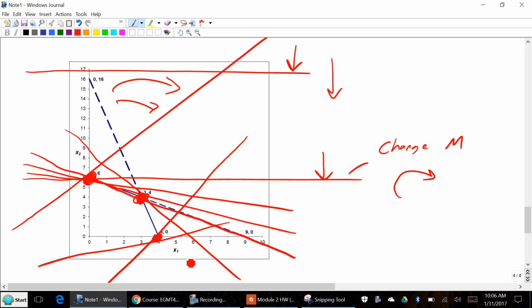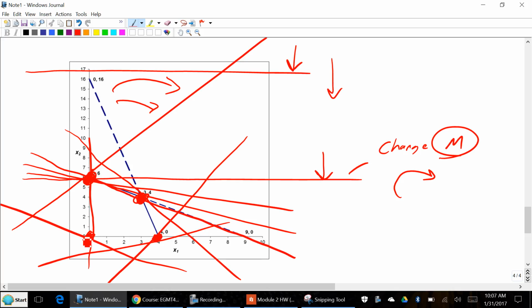And then at some point, if you rotated enough, this would become the new pivot point. And then kept rotating, this would become the pivot point again. So imagine taking this stick and just rotating around the polytope. There are certain values of m, certain intervals, where the solution is a pivot point.